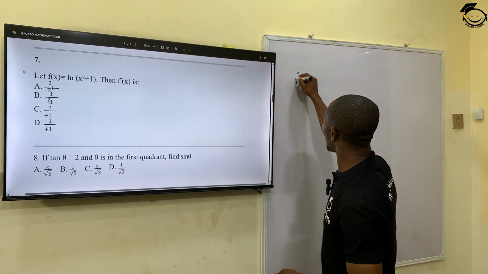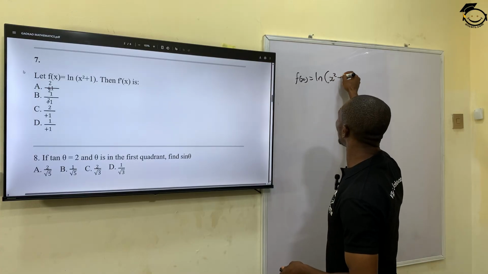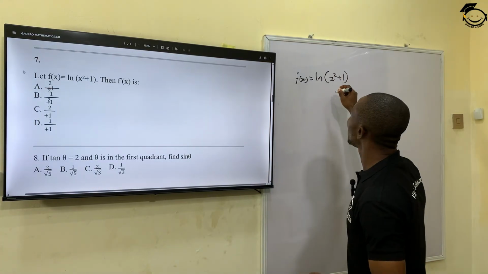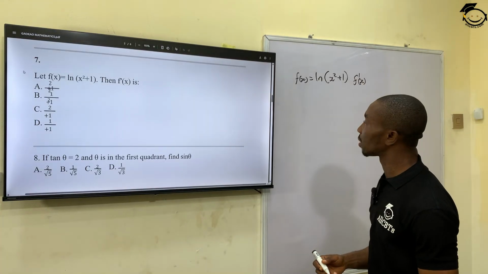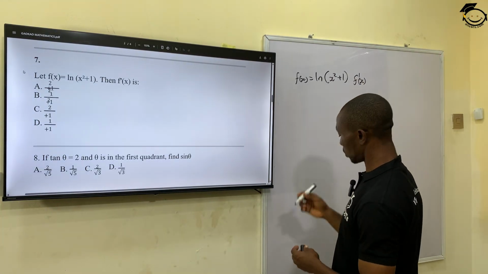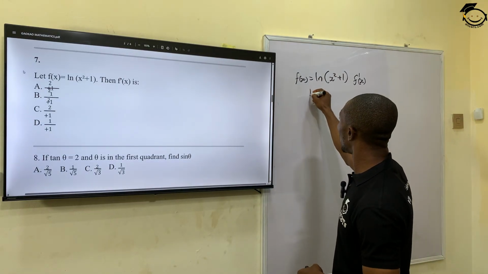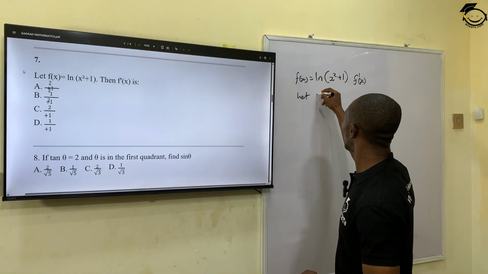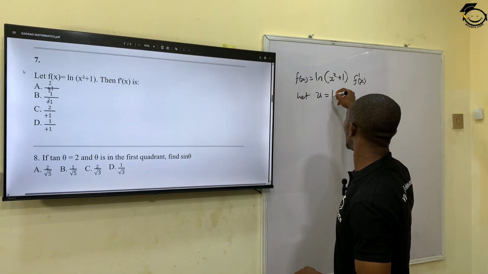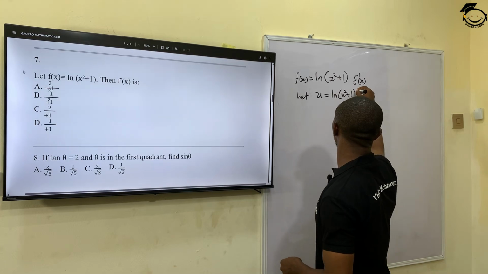If f of x equals ln of x squared plus 1, find the derivative of f of x. Now, in doing this, we are going to apply the chain rule, and that will be 1 over, let's start with, let u equal x squared plus 1.